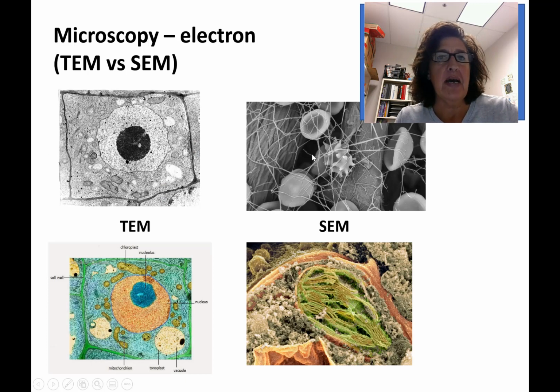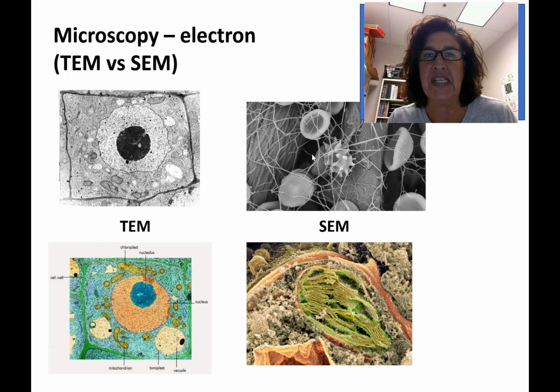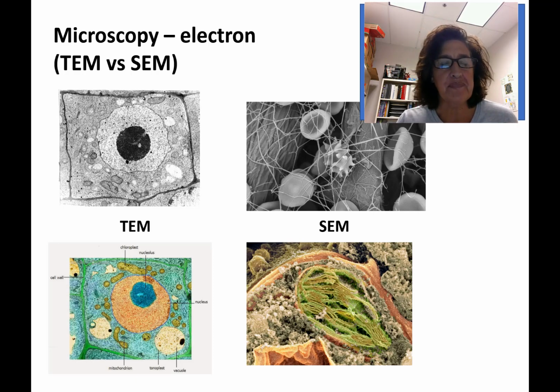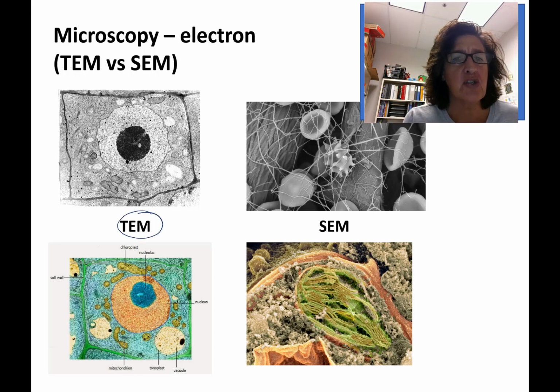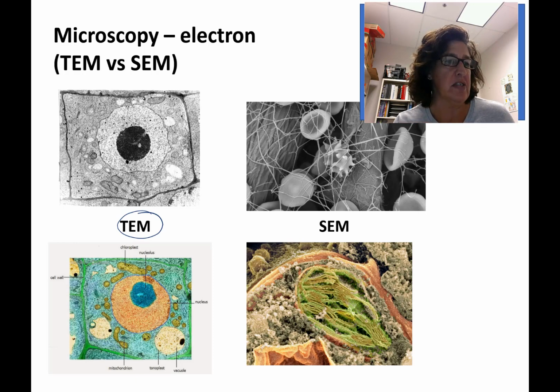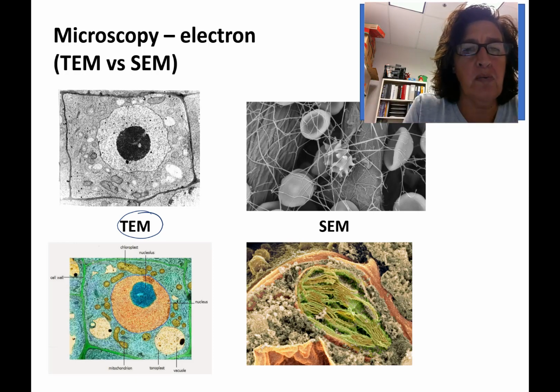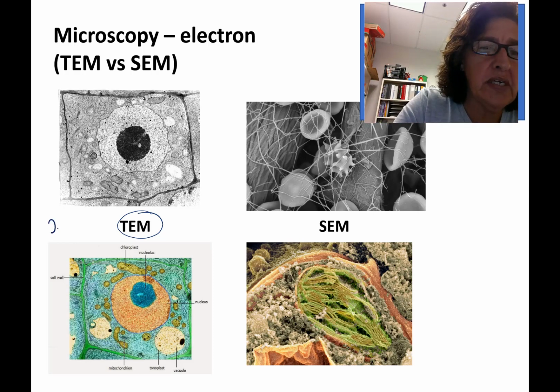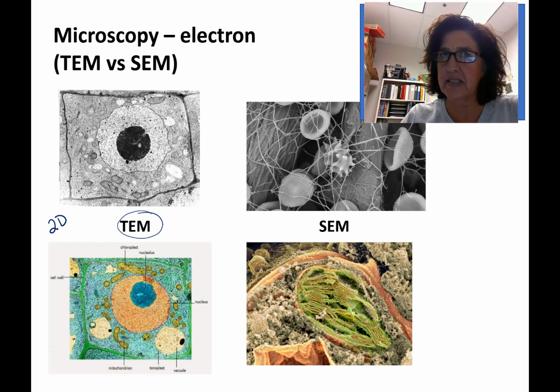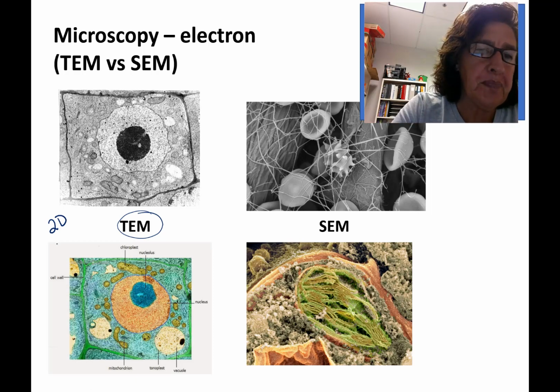Okay, and then the electron microscope, this is giving us these amazing details. We have transmission electron microscopy, and what's happening is you're seeing internal structures. The electrons are transmitting right on through the cell. So with TEM, it's really a 2D, flat image.